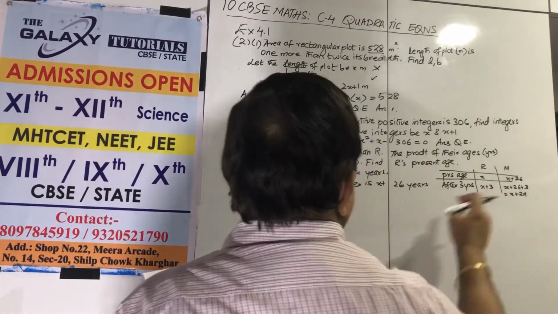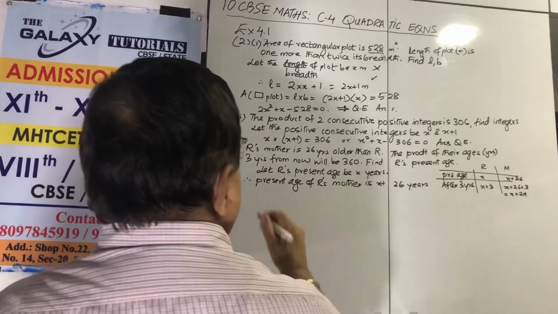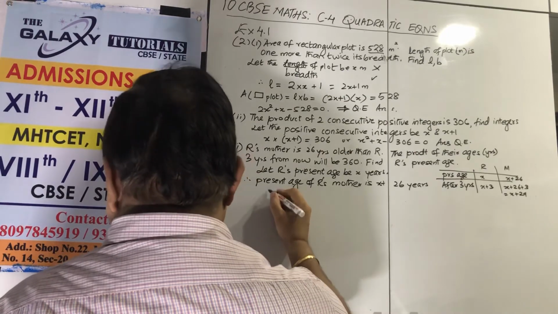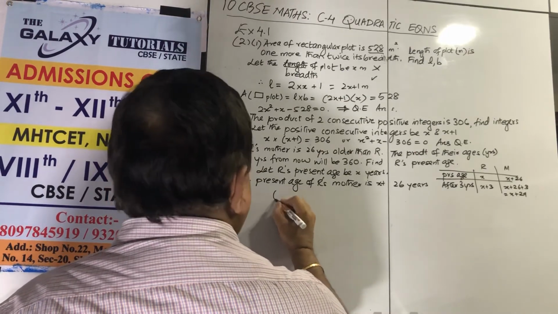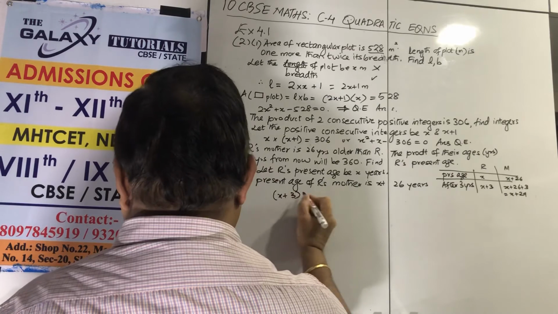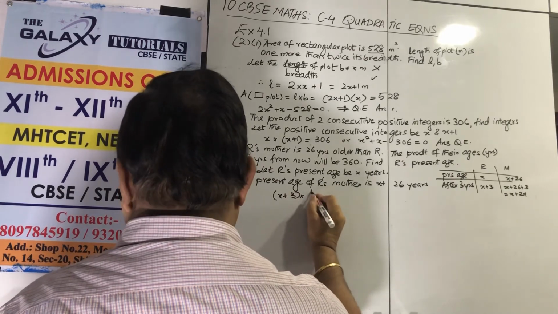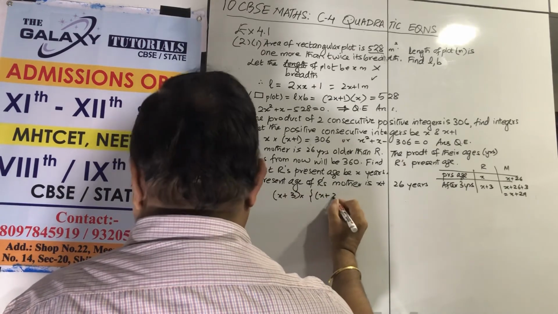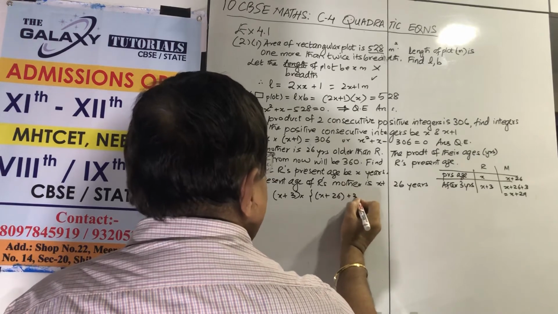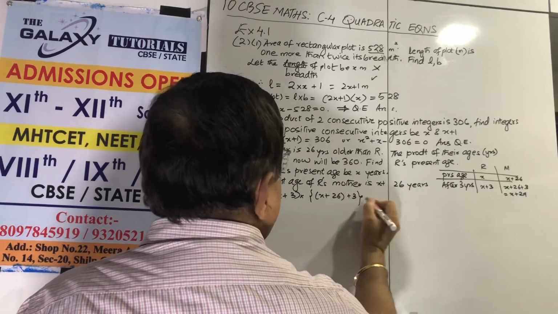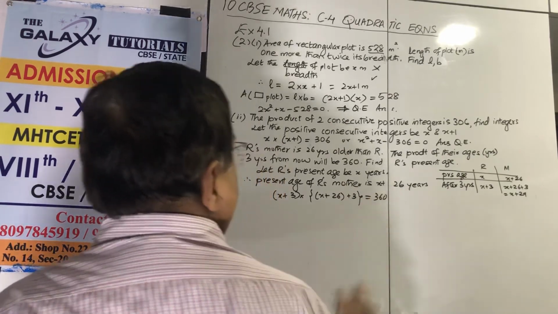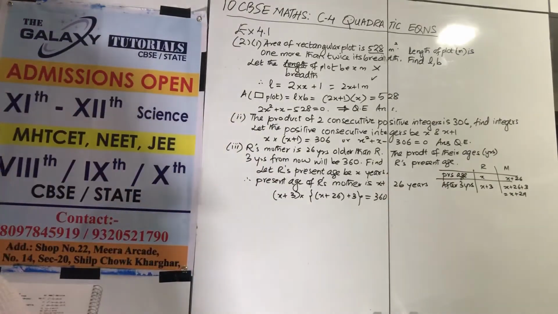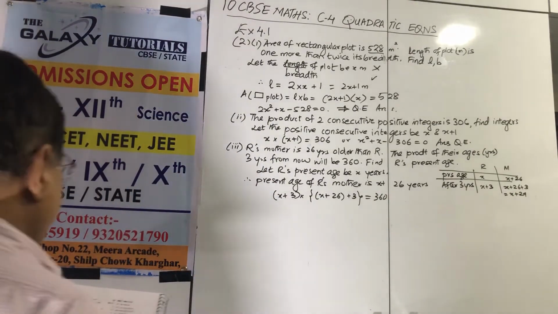We have to multiply this and this, and that will be 360. So the equation is x plus 3 multiplied by x plus 26 plus 3, or 29, you can write directly, is equal to 360.